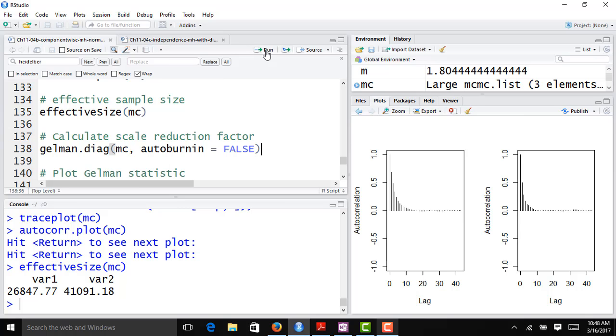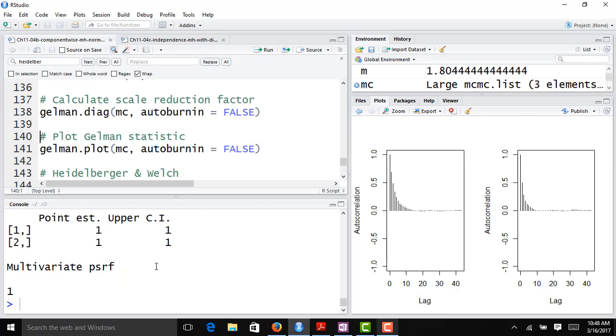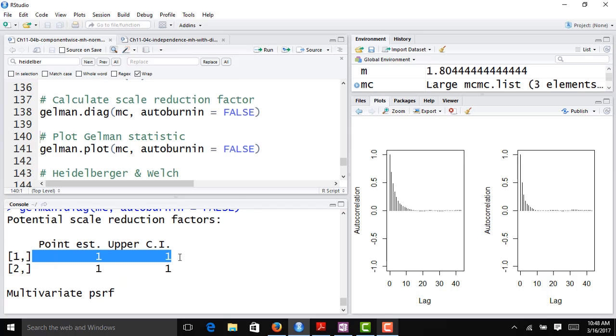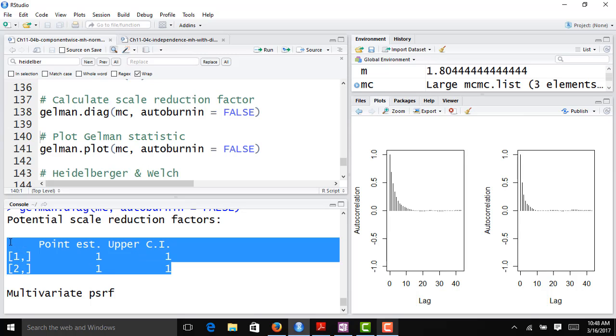So looking at the Gelman-Rubin statistic for the 2 different parameters here, mu and sigma squared, the r-hat statistic is very close to 1. In fact, the upper limit of the confidence interval reduces to 1, in terms of decimal places. So at least using the Gelman-Rubin statistic to assess convergence, it appears that we have in fact converged to the stationary distribution.